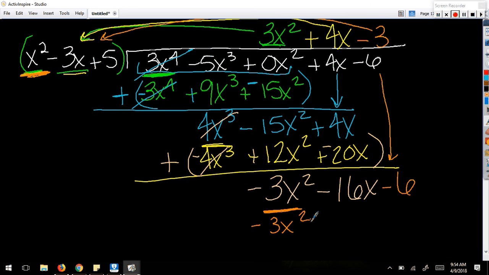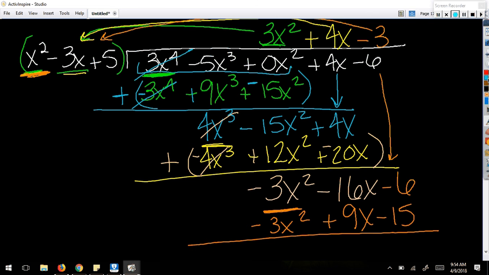Now -3 times what? -3x, which would be positive 9x. Two negatives make a positive. And then -3 times 5 is what now?